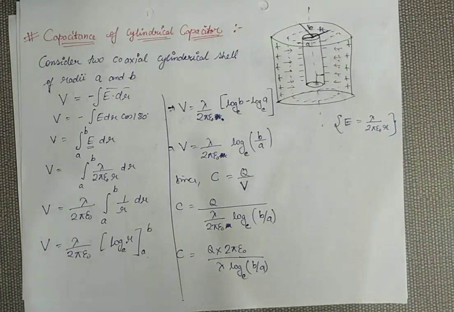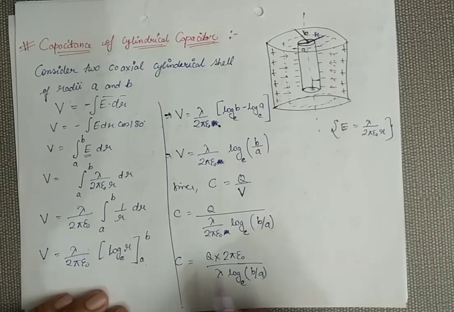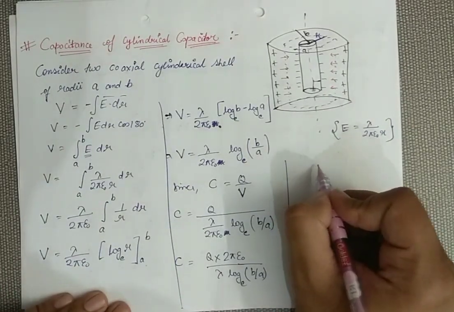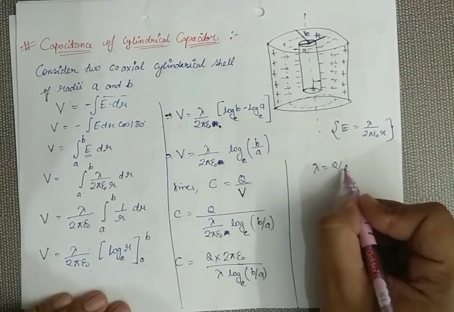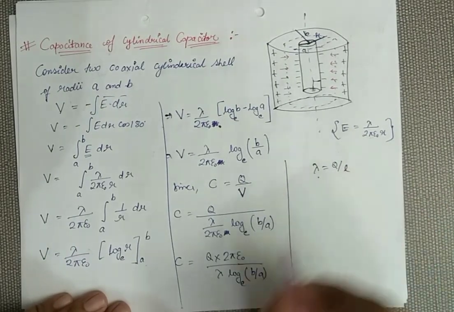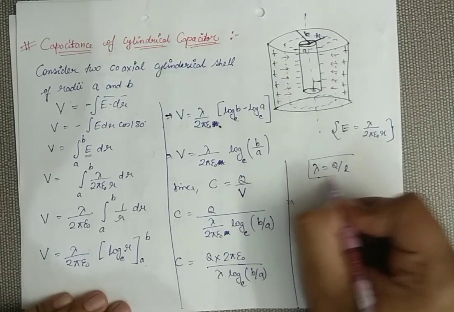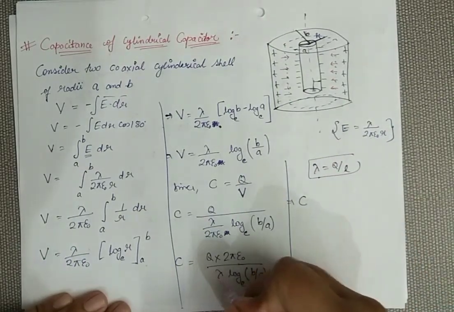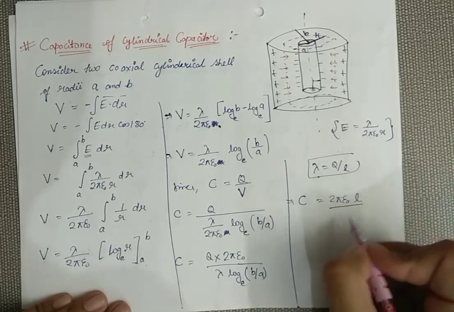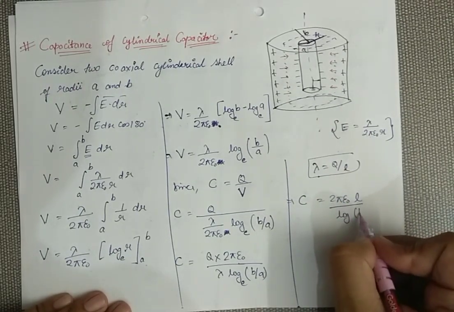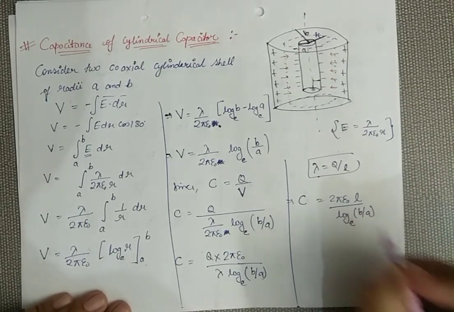Now see here, just remember that lambda is given as Q by L. So from this concept you can replace this value, that is C equals 2 pi epsilon naught times of L by log b by a base e.